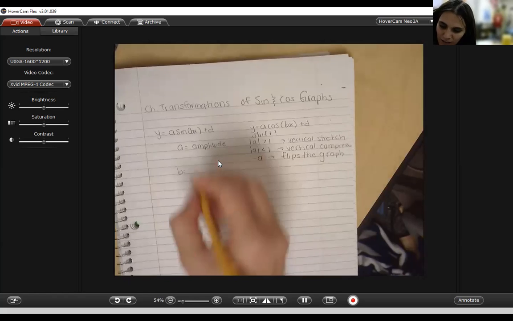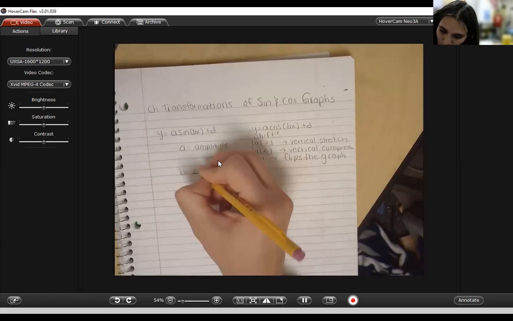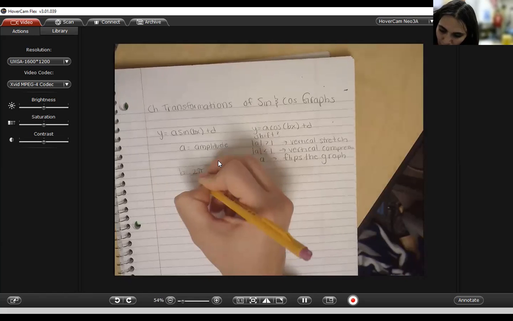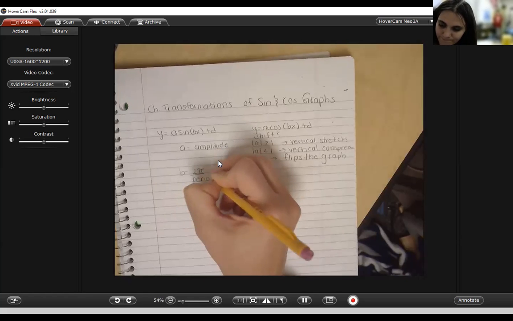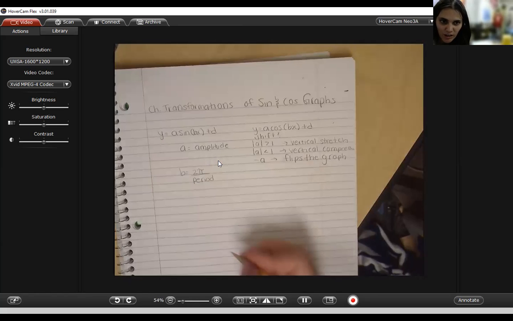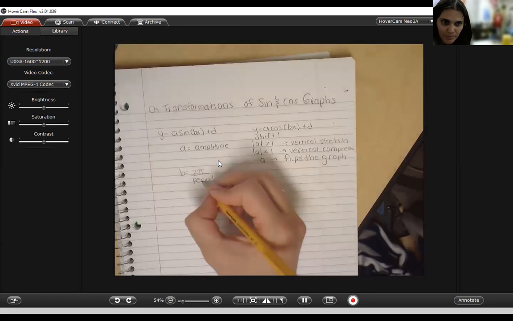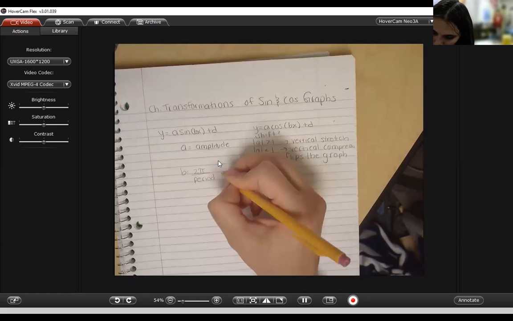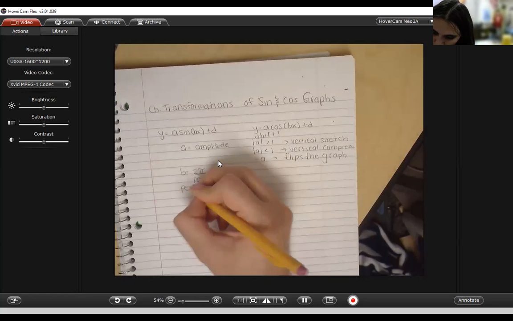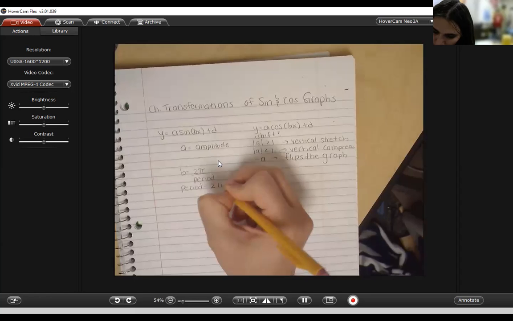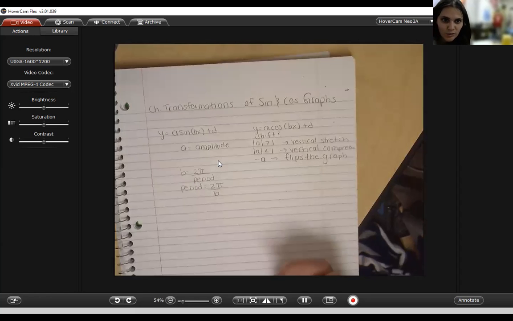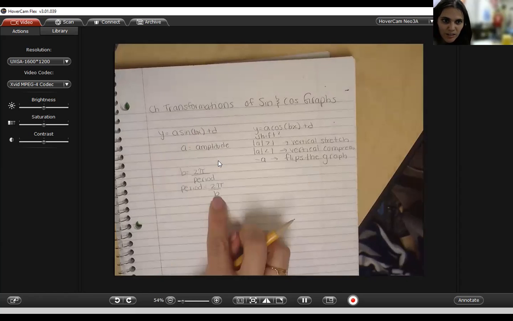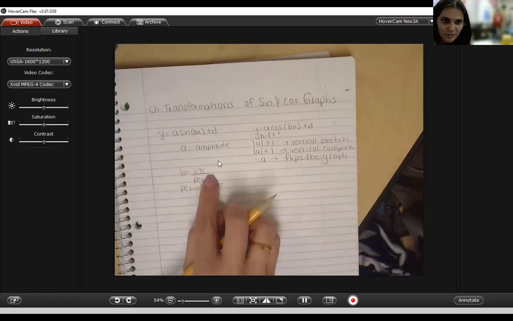And so we will learn that B is going to equal 2 pi over the period, which you could also cross multiply and get B times the period equals 2 pi, and then divide both sides by B. So another way to look at this is the period is equal to 2 pi over B. So if you know your B value, you can divide 2 pi by B and you'll know your period. If you know your period, you can do 2 pi divided by the period and you'll get B.